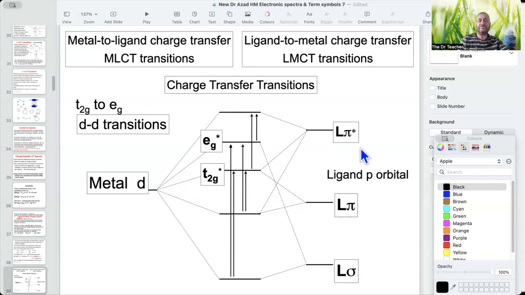So you can transfer from the pi or sigma to the EG star, T2G star, or you can transfer from the metal to the empty orbitals of pi star. It will be metal to ligand charge transfer or ligand to metal charge transfer. Moving electrons to an upper energy level will show you a charge transfer spectrum.